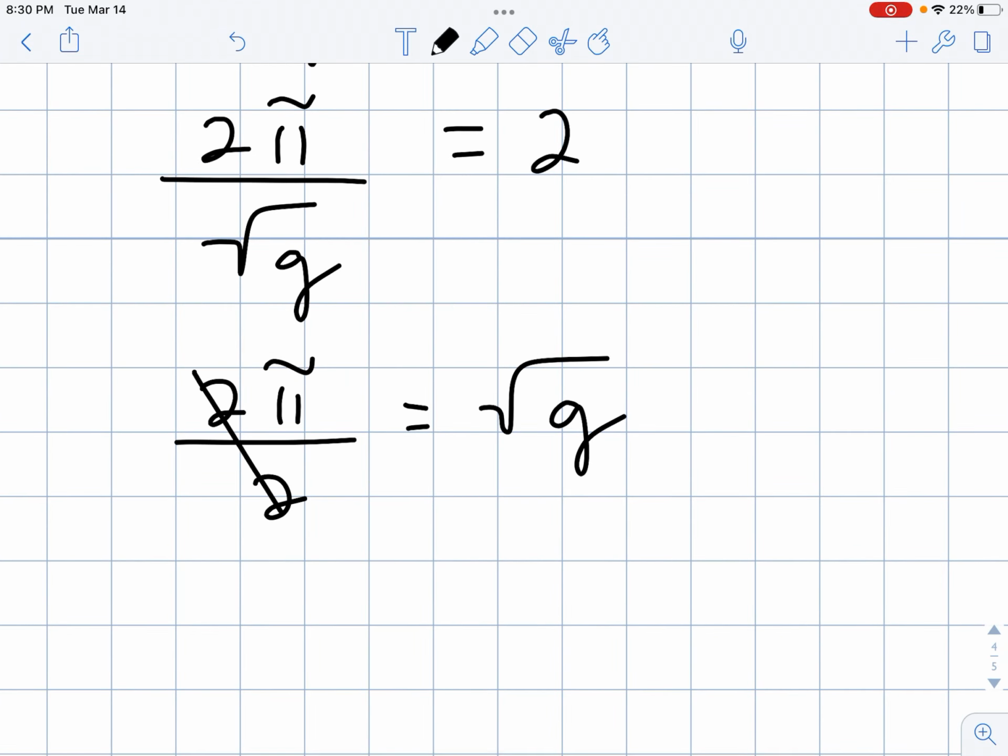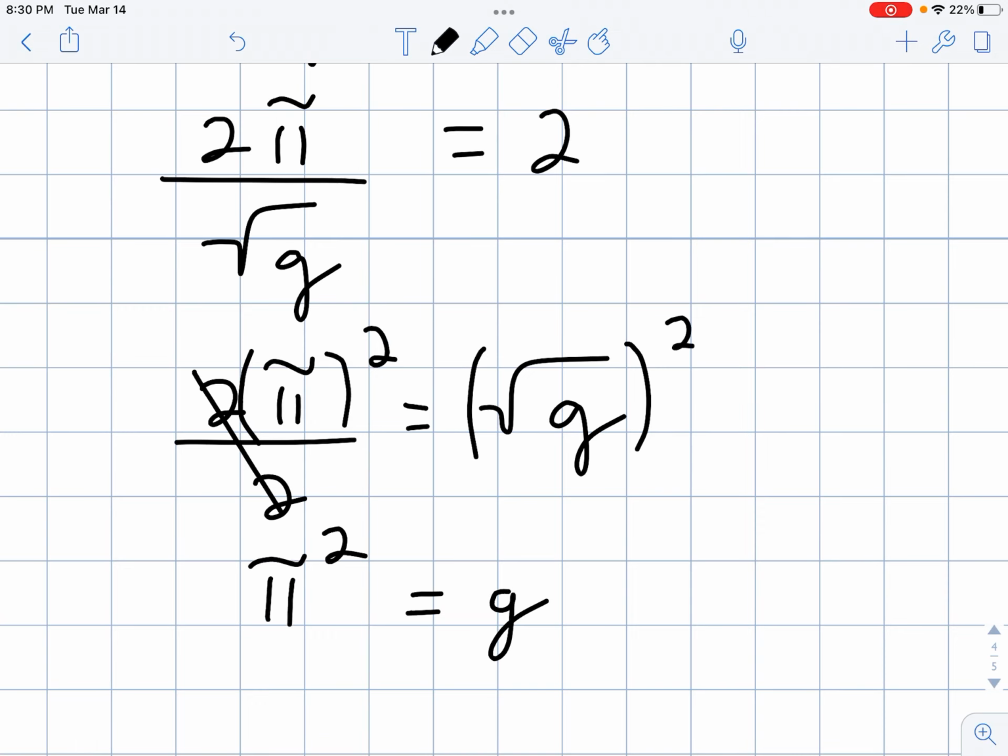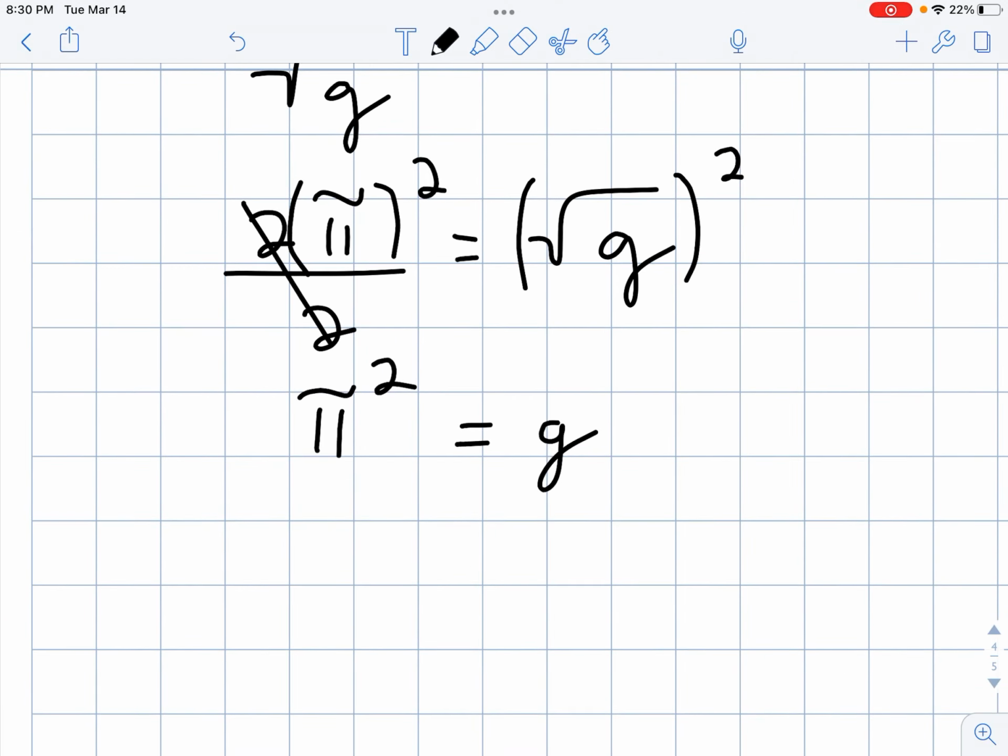2's cancel. This is really interesting. G is equal to, we'd have to square each side, and we get pi squared. Wow, that is really cool. That just kind of works out because our slope was exactly 2. It's probably not exactly 2, but it's close to 2. Well, what is pi squared numerically? Let's figure it out.